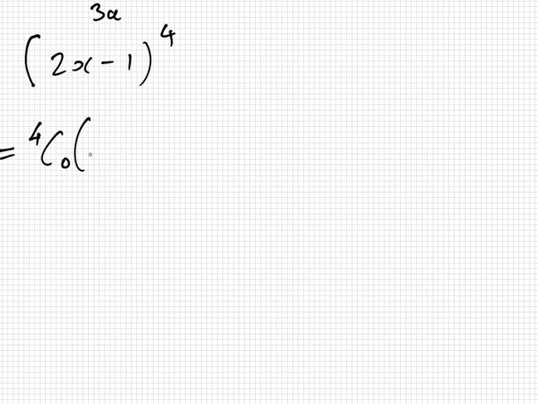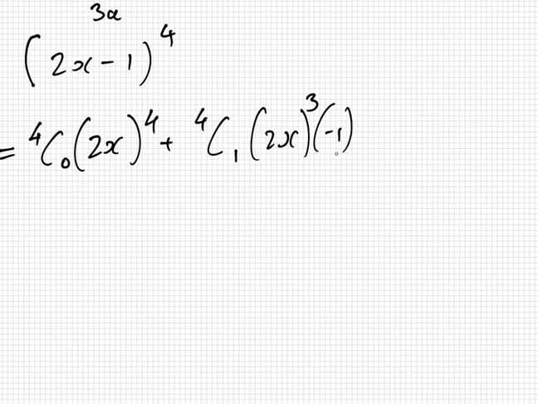Okay? So what that means is I just want 4C0. 2x minus 1. Sorry, what am I doing? 2x power 4 plus 4c1, 2x cubed minus 1 plus 4c2, 2x squared minus 1 squared.